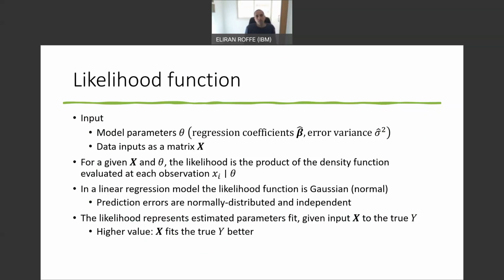Now we define the likelihood function as the product of the density function evaluated on every observation, every small x. In our case, this is a linear regression model, so the likelihood function is Gaussian, normal. It also means that the prediction error is independent and normally distributed. What you should also know is that a higher value means that we fit the Y value better. So this is probably what we would like to receive.